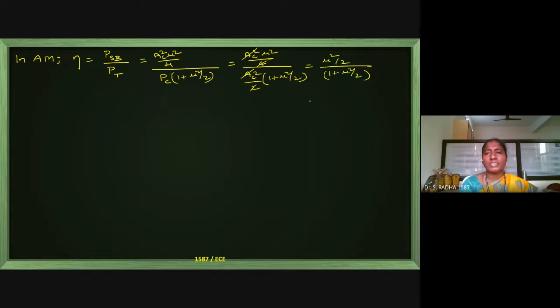I will make LCM. Numerator is mu square by 2. Denominator is 2 plus mu square divided by 2. Okay. This 2 and 2 will get cancelled. Finally, efficiency is nothing but mu square divided by 2 plus mu square. Okay. If we want efficiency in percentage, we have to multiply with 100.